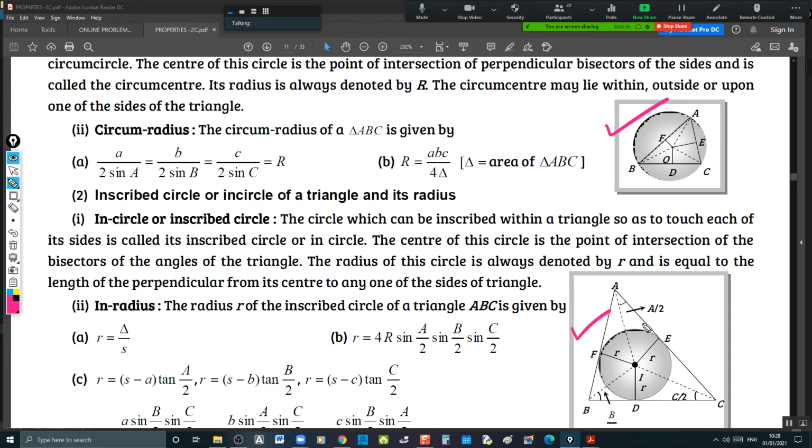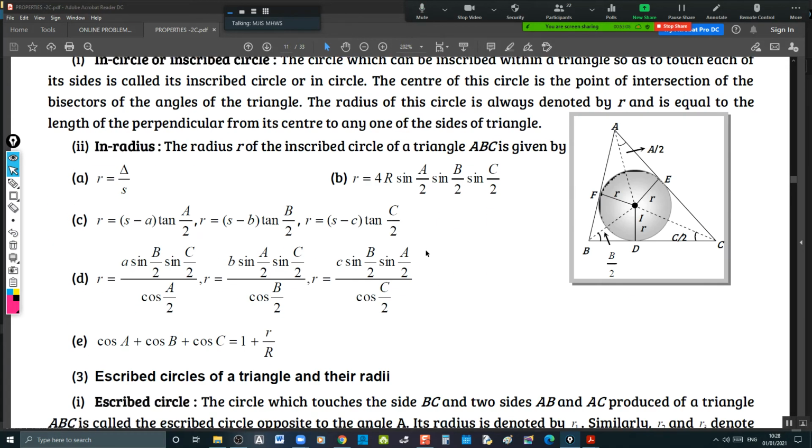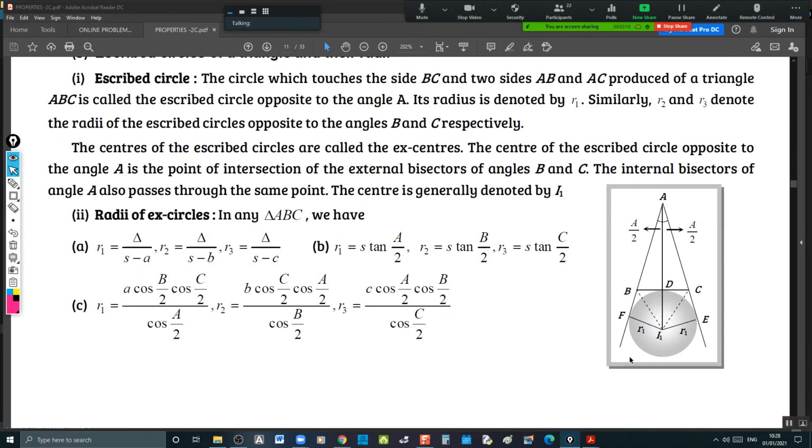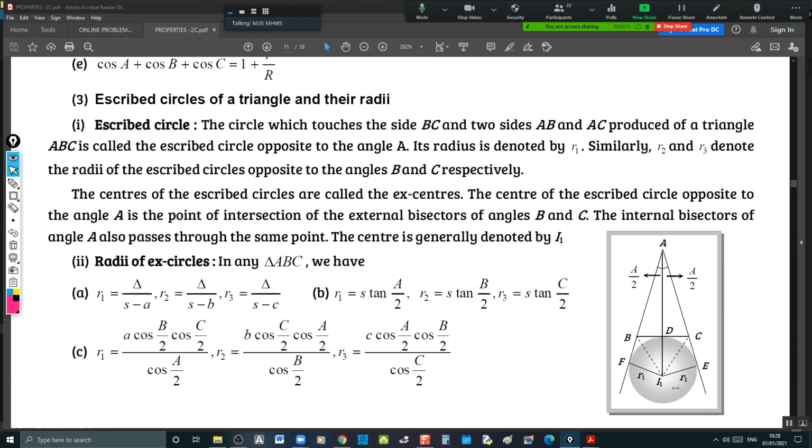Circumcircle's radius is capital R, incircle's radius is small r. Or you will have excircles also. Excircle radii are denoted by R1, R2, R3, like this. This is R1. R1 is the radius of excircle opposite to the vertex A. That is R1. Similarly, R2, R3.